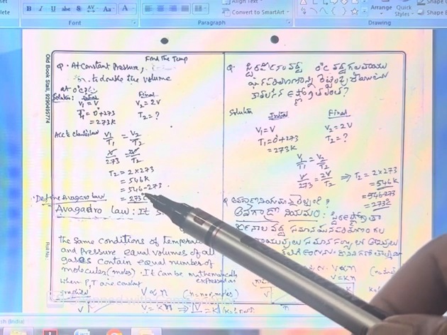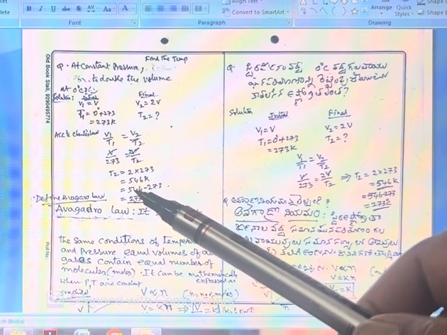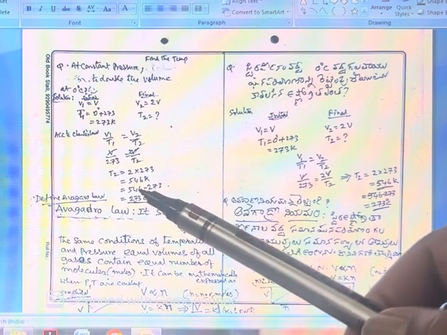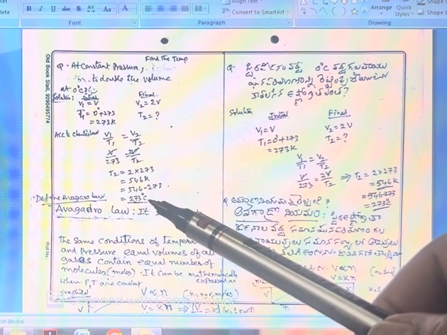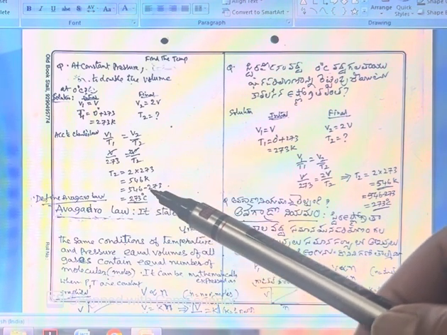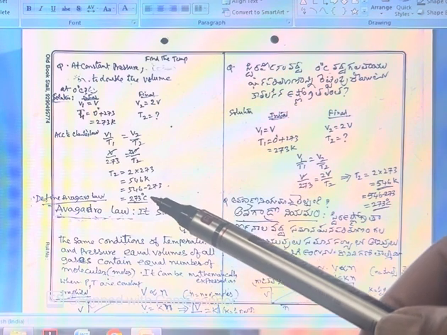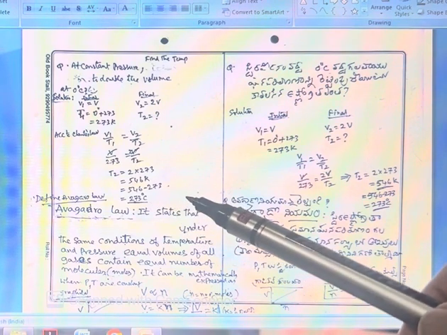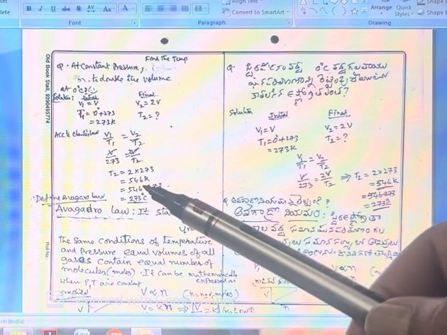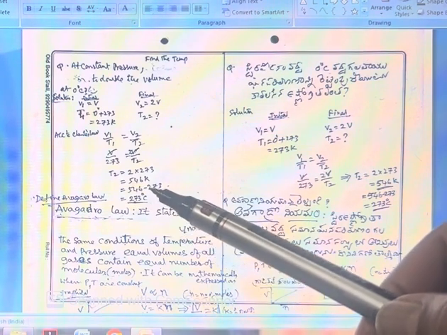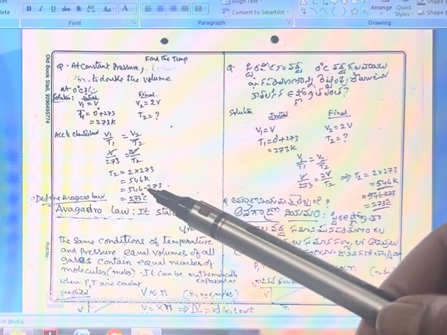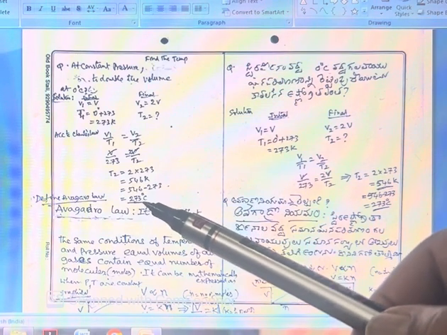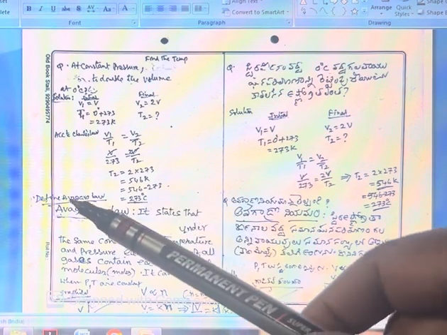If you want it in centigrade, you subtract 273 from 546, you will get 273 degrees centigrade. So, if centigrade is given, you add 273 to get the Kelvin or absolute scale temperature. If the absolute temperature is given, subtract 273 from it, and you will get the centigrade temperature.